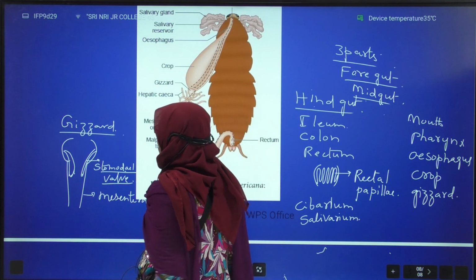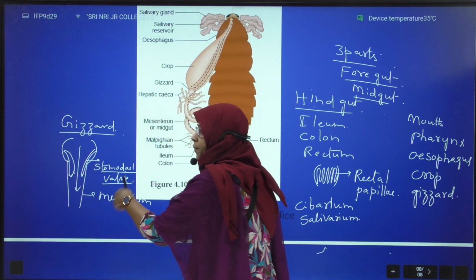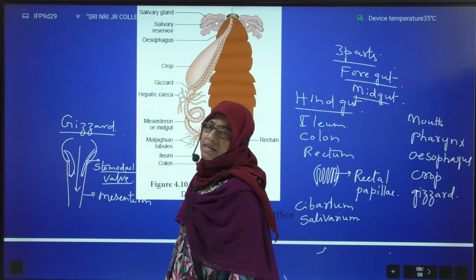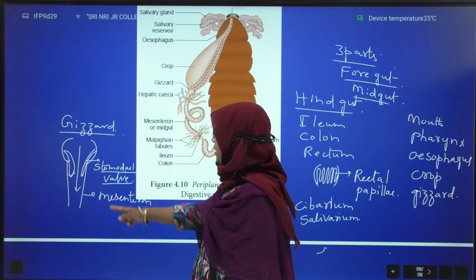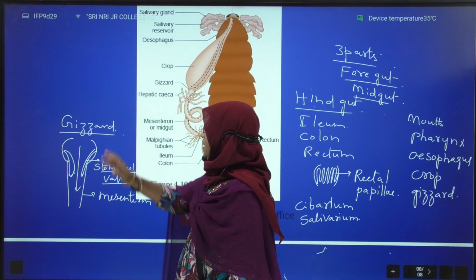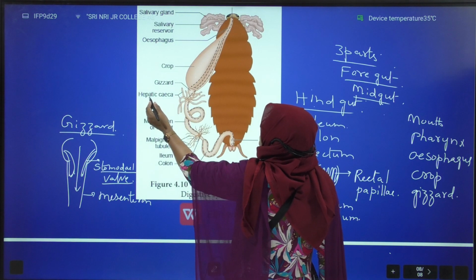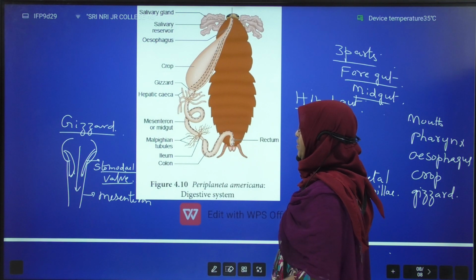This stomodial valve allows flow of food from gizzard into the mesenteron. It prevents the backward flow of food from mesenteron into the gizzard, that is, it prevents regurgitation of food materials. And at the junction of gizzard with mesenteron, 6 to 8 hepatic caeca are present, which are digestive in function.